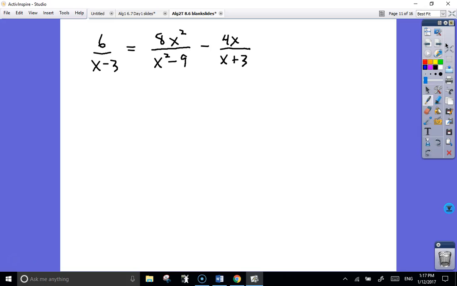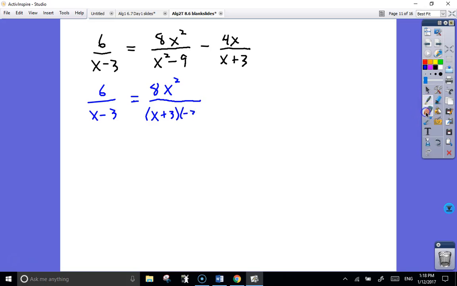The first thing we got to do, if we're going to have to find a least common denominator for these two terms, then we need to factor the second, or this fraction right here. So this is going to be 6 over x minus 3 equals 8x squared divided by x plus 3 times x minus 3.